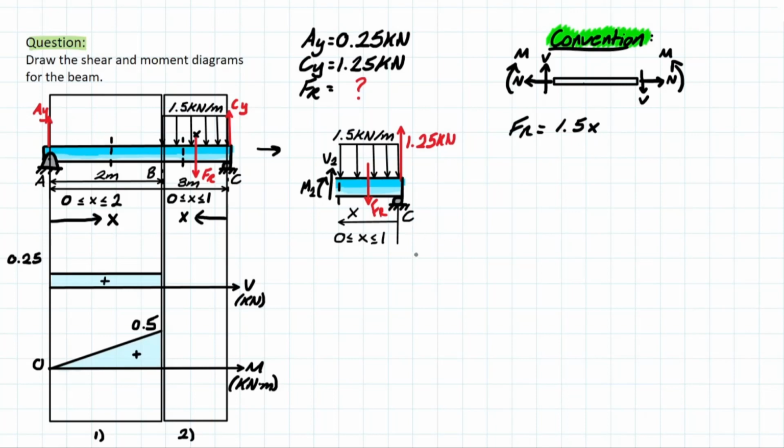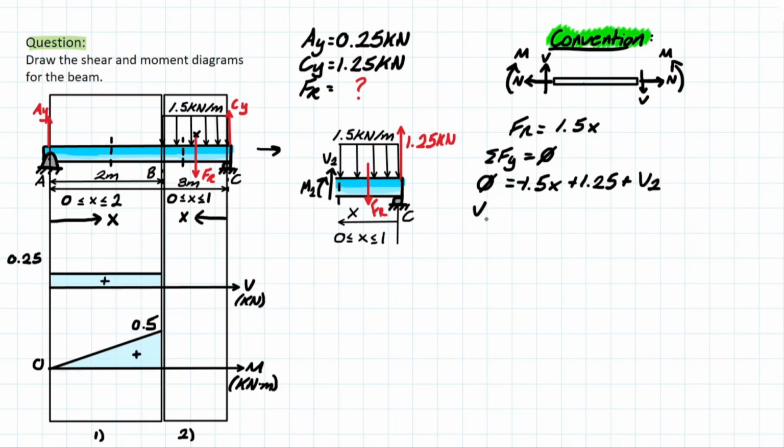So far, so good. Well, here's where things get a little bit trickier. Let's solve for Fy first in this span. When we do this, we have the FR and the reaction here. So FR is going to be 1.5x as we solved for previously in the negative direction, plus the 1.25 reaction from before, plus the shear that we have as well.